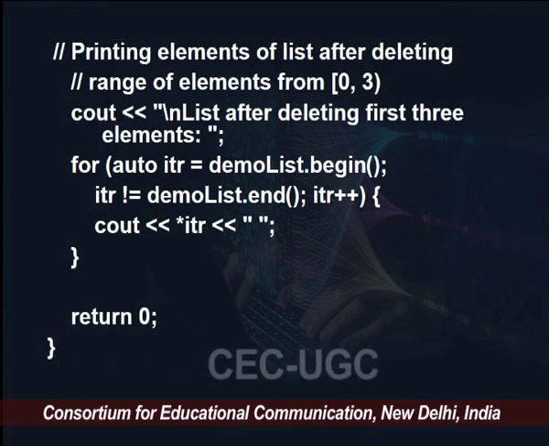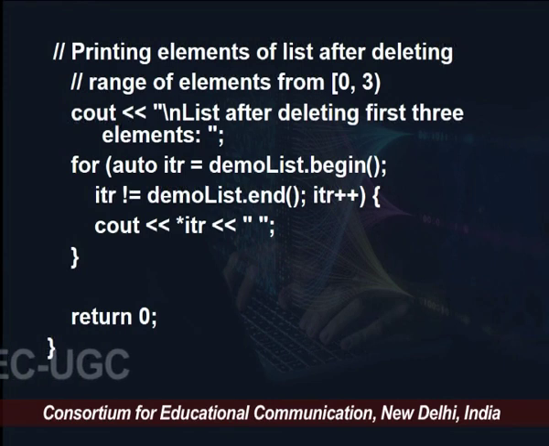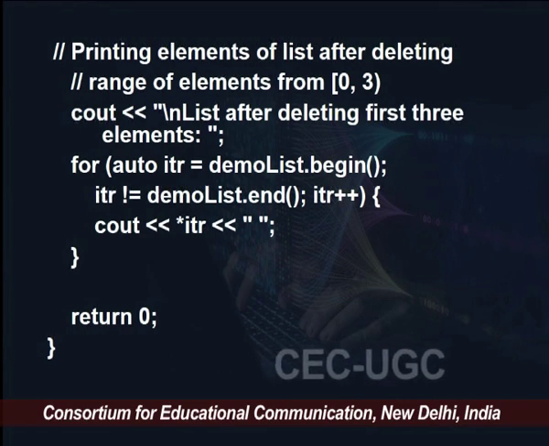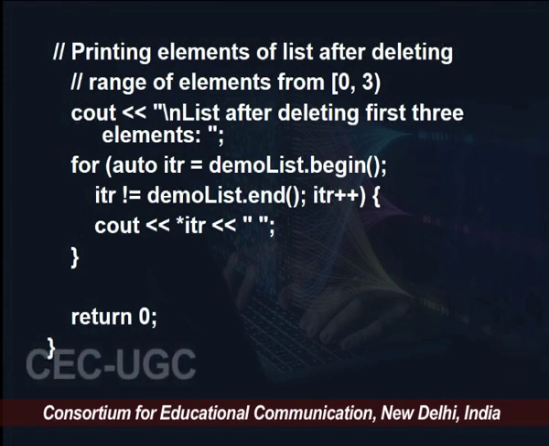In order to print that list, we are again going from begin to end. We need to print asterisk itr, which is the value at that particular position, and then finally a return 0 in order to balance this integer main.